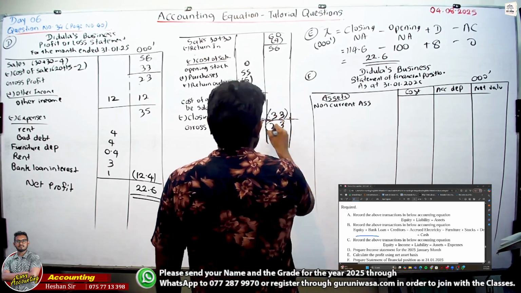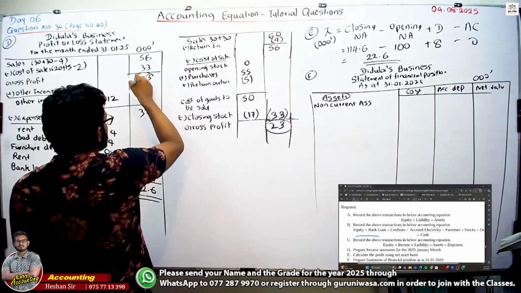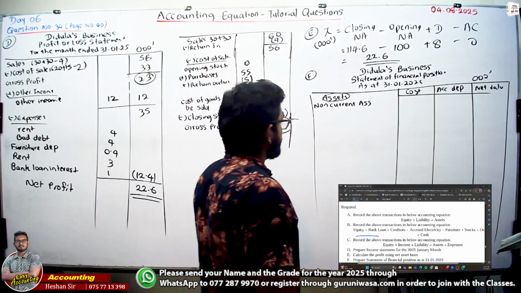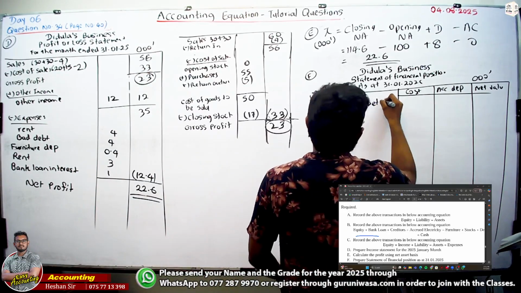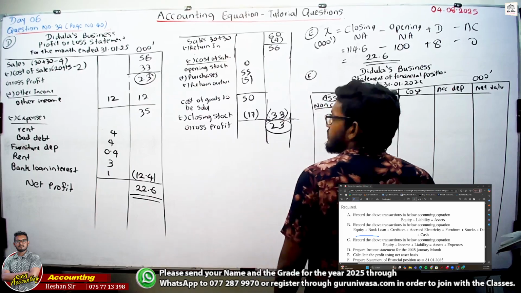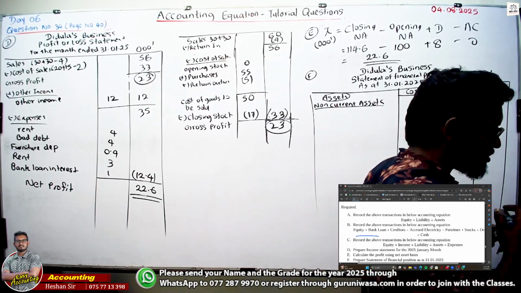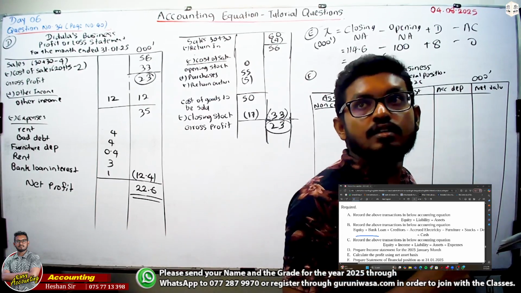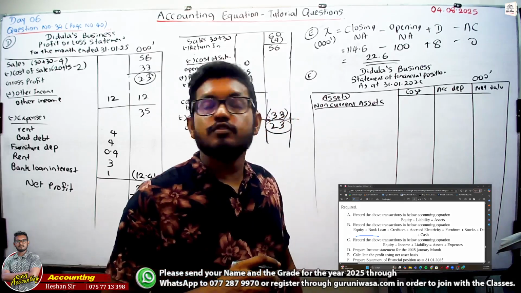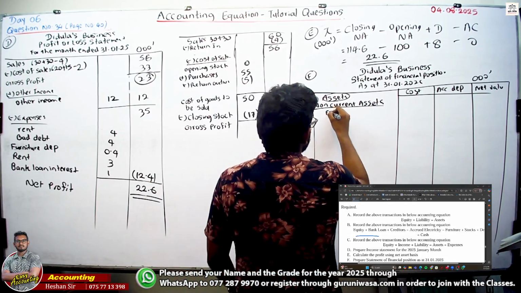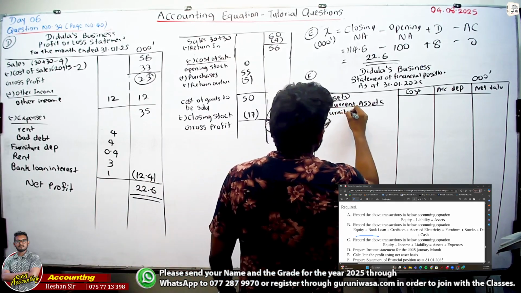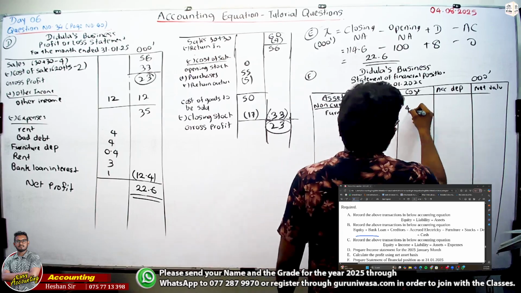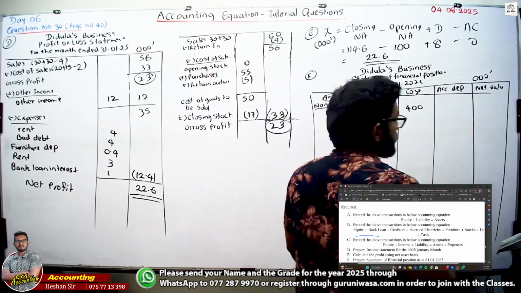Just see, I wrote this only up to the gross profit. Non-current assets. See, in non-current assets, there was only furniture. Can you tell me the furniture cost? Furniture cost was 400,000. Am I correct? Right.